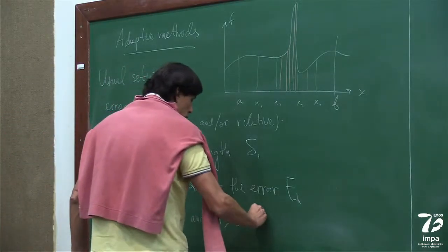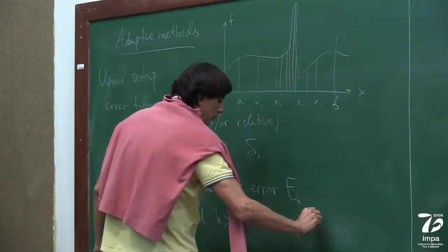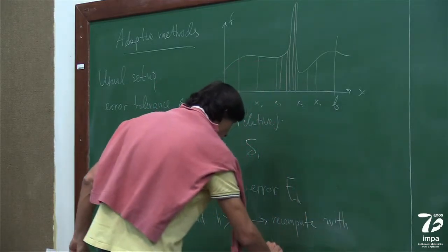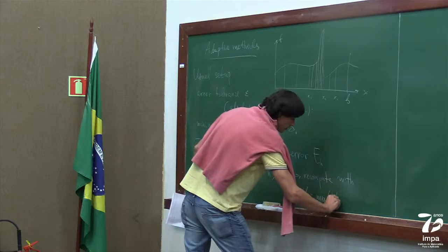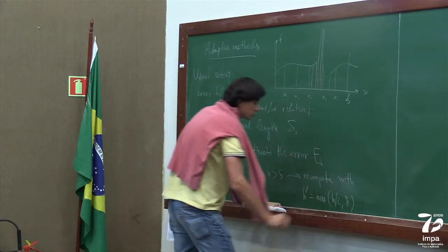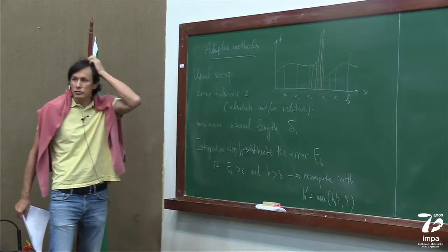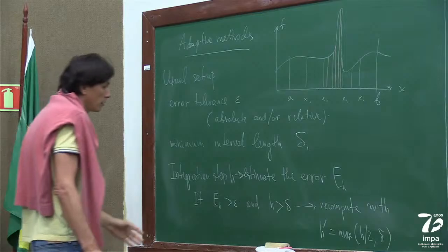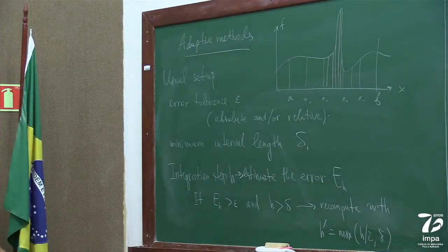So then what you do, you recompute with a smaller interval, which you take like the maximum between half of the interval and the smallest possible value. So dividing by 2 is just the simplest way. Depending on how you estimate an error, instead of dividing by 2, you may go to some better interval than just half, but this is one of the ways.